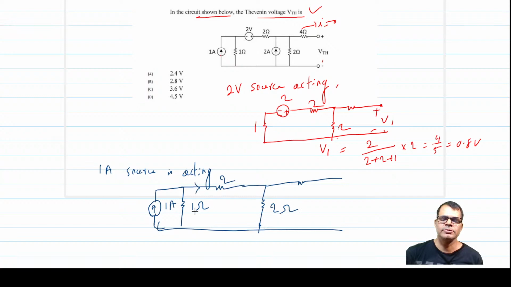What is the current flowing through this? Let this one be I1 and this is your V2.